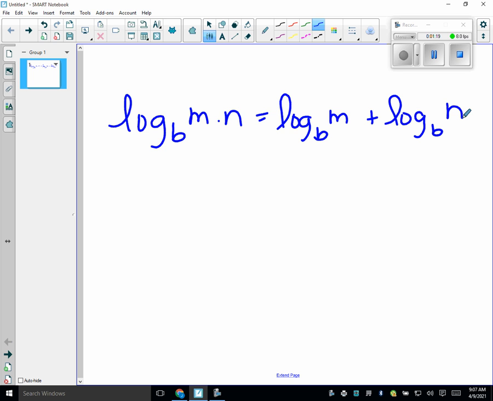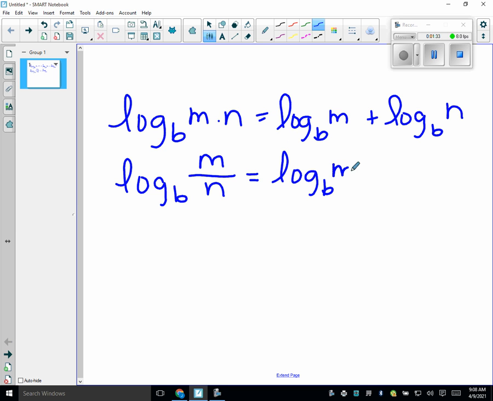The second property says the log base B of m over n is equal to log base B of m minus log base B of n. All right?